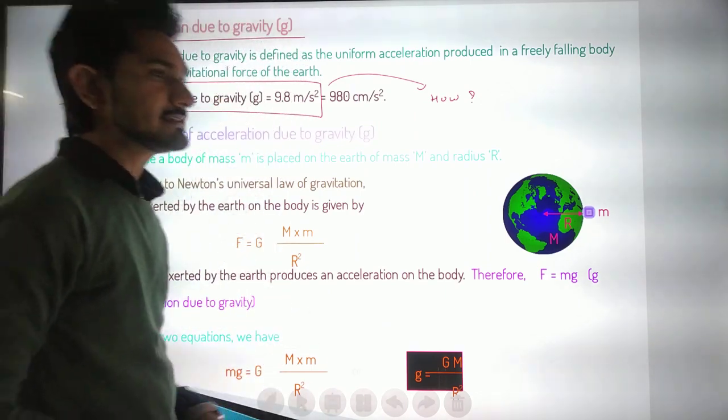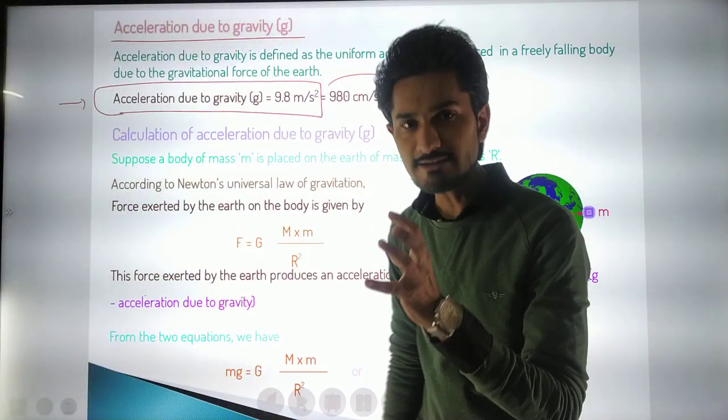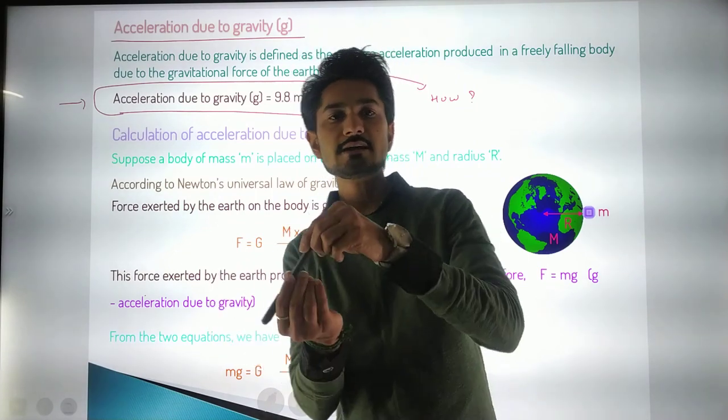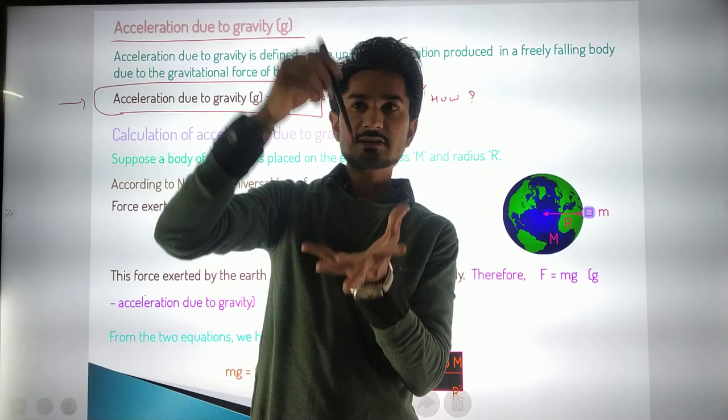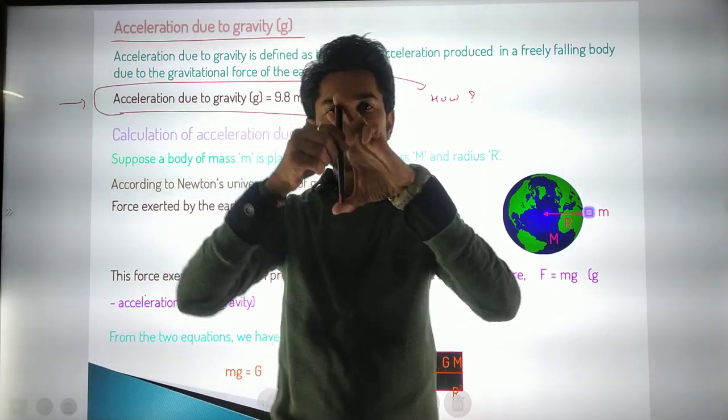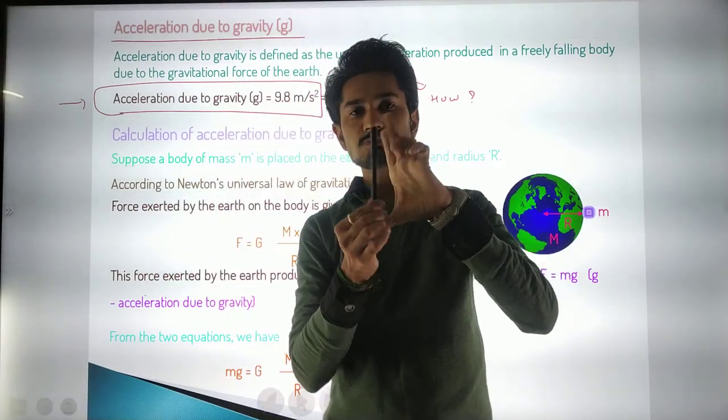Because they have already scientifically proven that whenever an object comes to the surface of the earth, it experiences an acceleration because of the gravitational force of the earth.